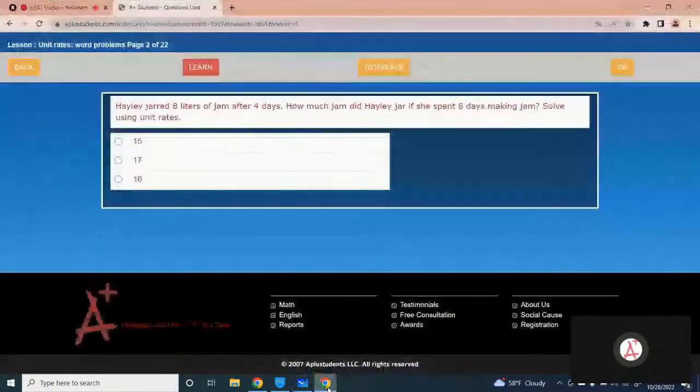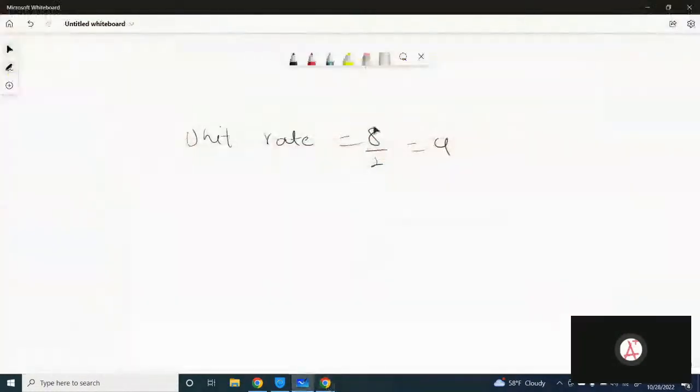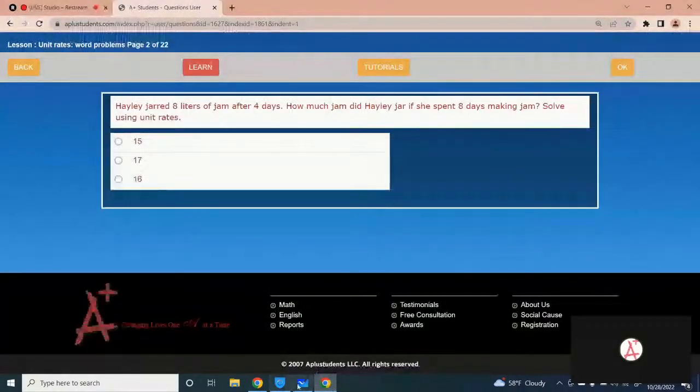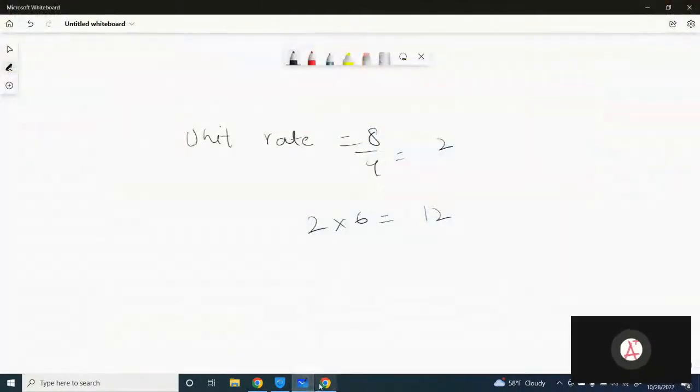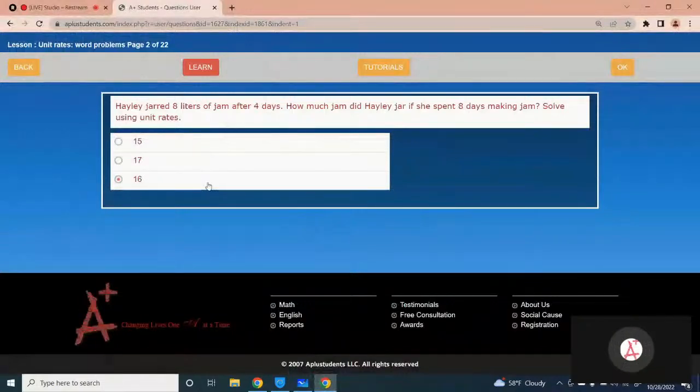So the unit rate is 2, and 8 times 2 is 16. Got it? That means using 8 days she can make 16 liters of jam. Got it?